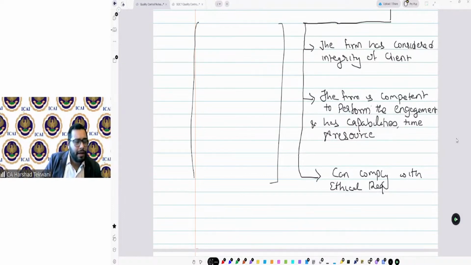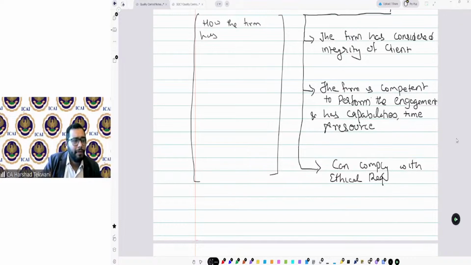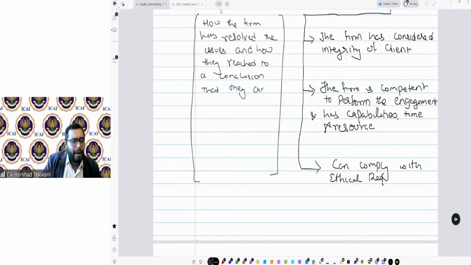On similar lines, I'll say how the firm has resolved the issue, and how they reached a conclusion that they can accept the client or engagement.